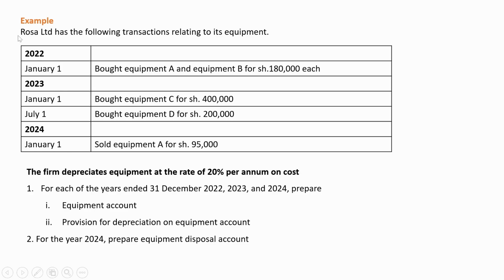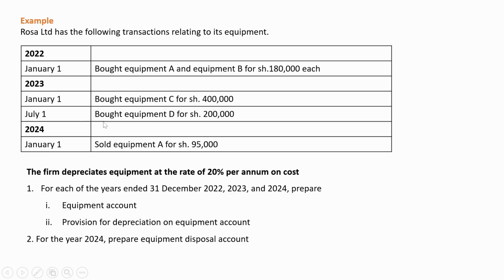It says Rosa Limited has the following transactions relating to its equipment. The year 2022, January 1st, bought equipment A and B for 180,000 each. 2023, January 1st, bought equipment C for 400,000.